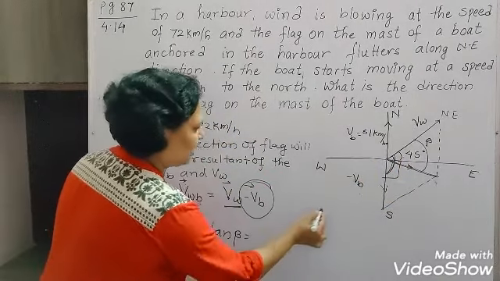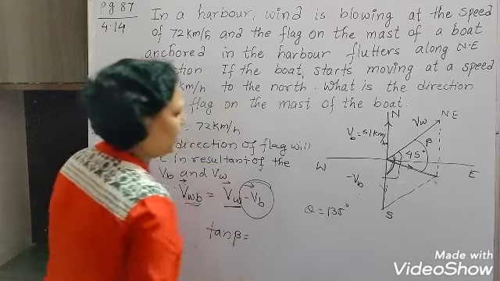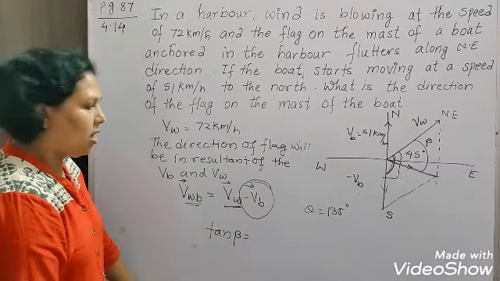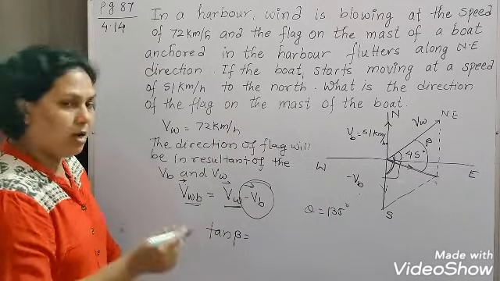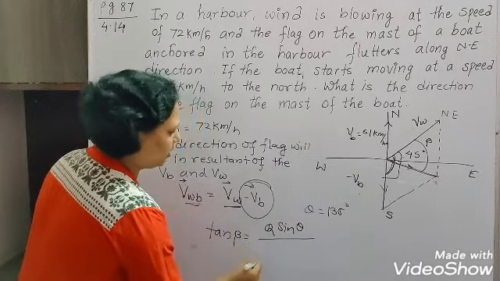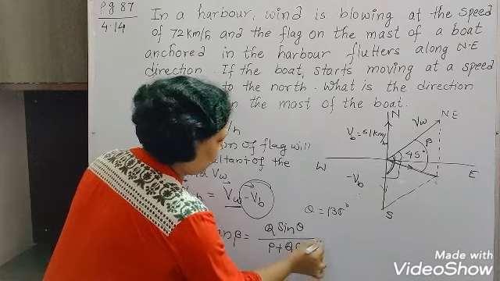So theta between the two vectors is 135 degrees. And we have already learned the formula from the law of parallelogram, that tan beta is equal to q sine theta upon p plus q cos theta. We have learned this formula.